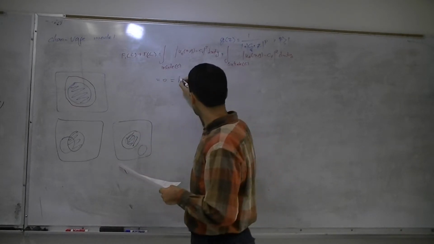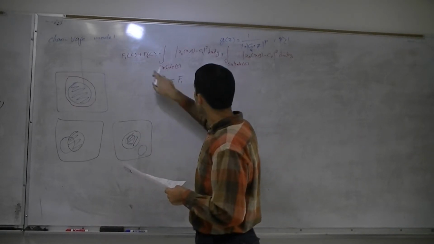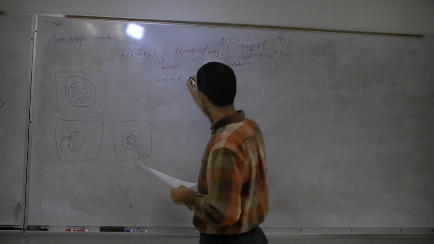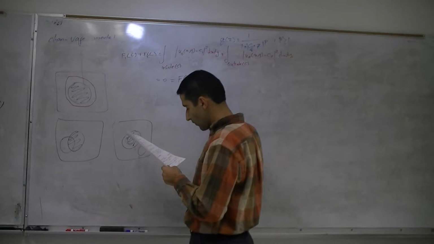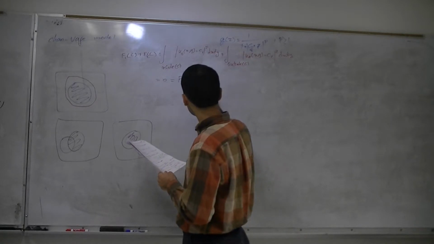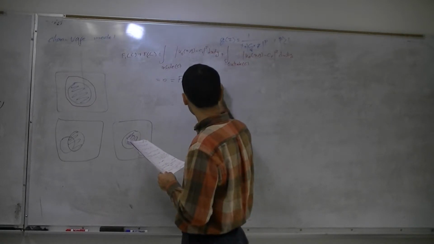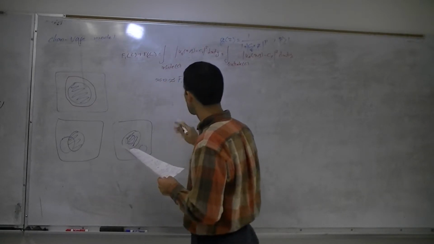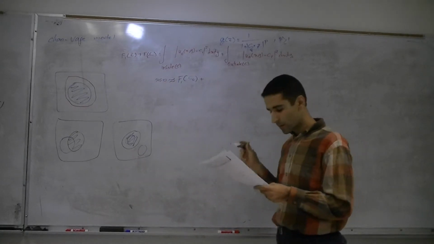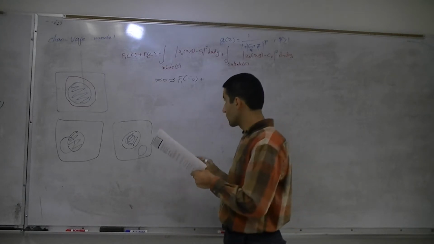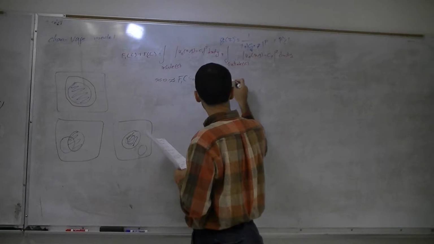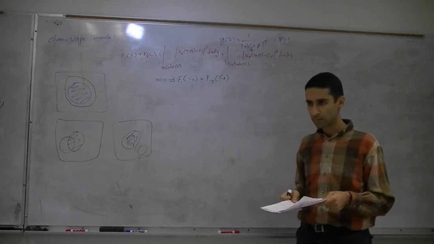If the first term is this integral and the second term is this one, we want f1 of c0 plus, it's not exactly 0, it's close to 0, plus f2 of c0 to be equal to 0.